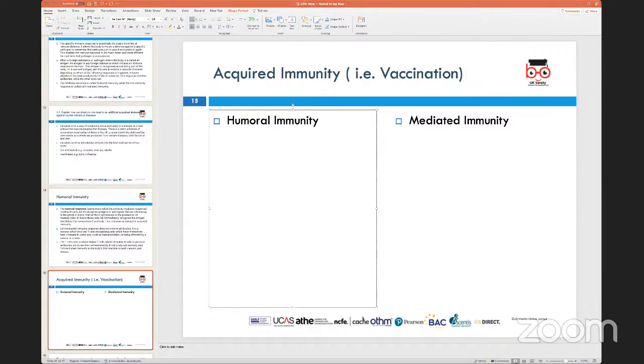So when we talk about humoral immunity, we are mentioning an aspect of the body's immune system which directly produces antibodies, and these antibodies will neutralize the antigen at hand.